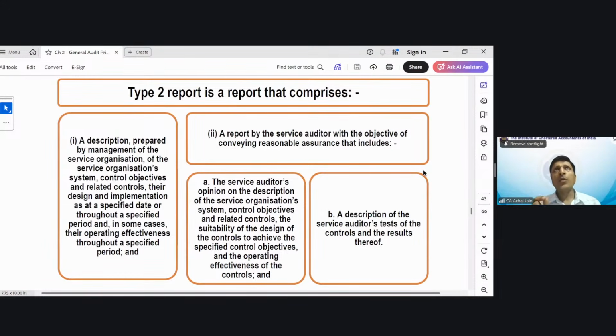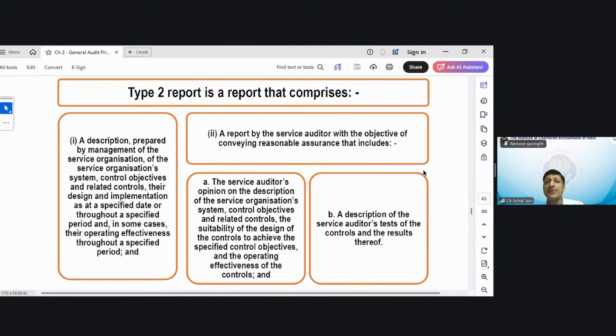Now, when you talk about this type 2 report, it's a report that comprises a description, again, prepared by the management of service organization of the service organization's system, control objectives, related controls, their design and implementation as at a specified date, or now this is additional.